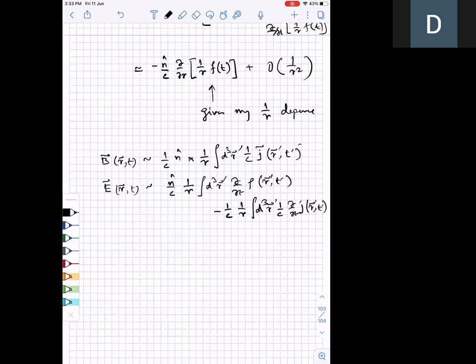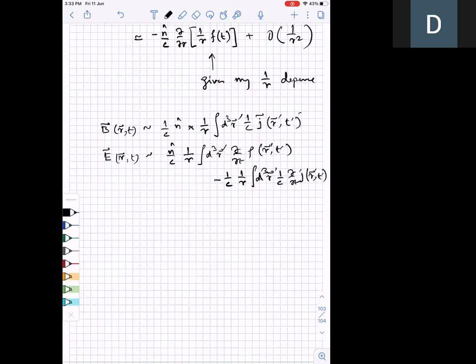I can combine these two terms, because remember, we have del rho del T is equal to minus grad of J plus del cross by C del T of J. So this is how we can do it.